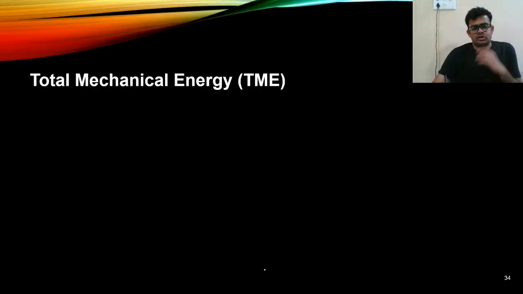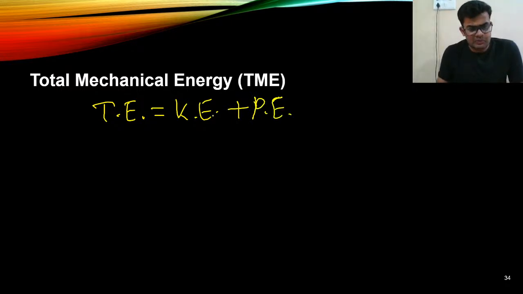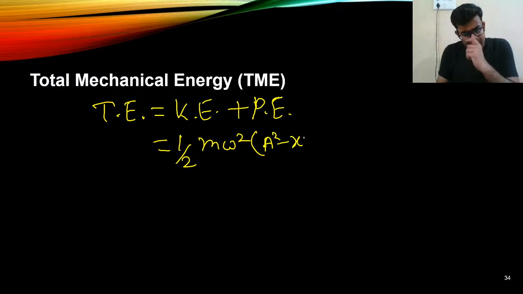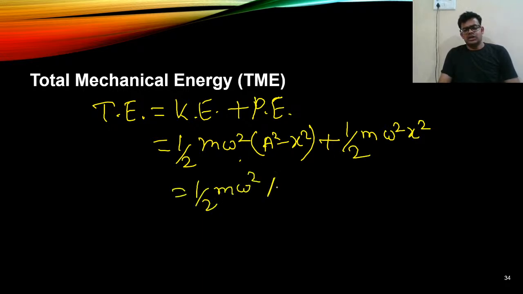Next, total mechanical energy. Total mechanical energy is the sum of kinetic energy and potential energy. So this is half m omega square into a square minus x square, plus half m omega square into x square. Let us add both, and we get half m omega square into a square.